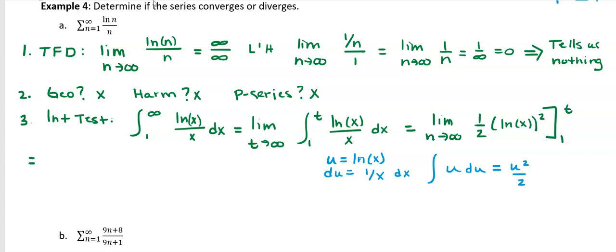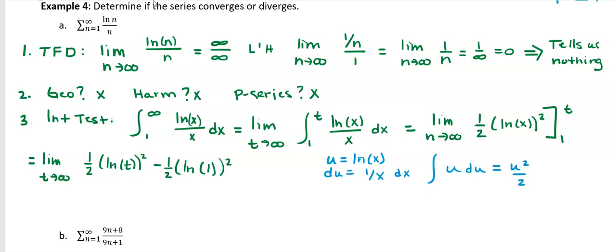So that is what we'll do. So now we have the limit as t approaches infinity of 1/2 times the ln of t to the second power, minus 1/2 times the ln of 1 to the second power.